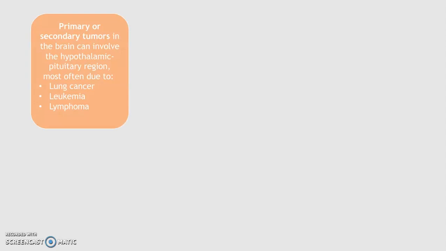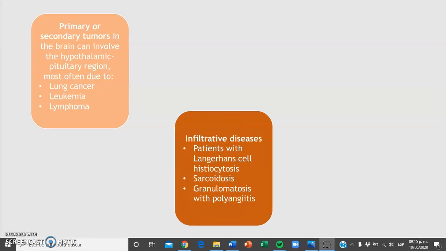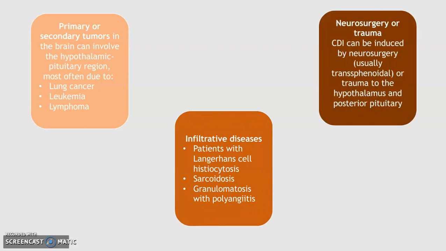So the other causes are primary or secondary tumors in the brain that can involve the hypothalamic pituitary region, most often due to lung cancer, leukemia, and lymphoma. There's also infiltrative diseases, which are more common in patients with Langerhans cell histiocytosis, sarcoidosis, and granulomatosis with polyangiitis.